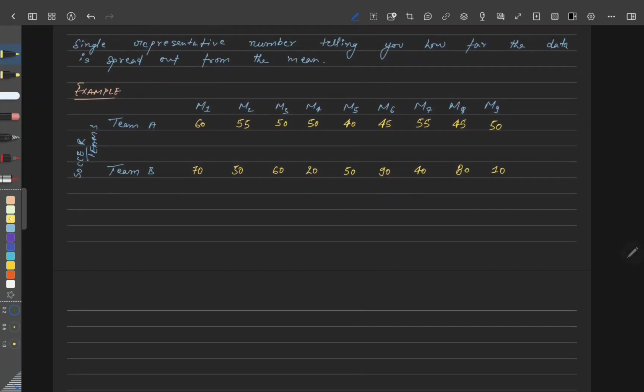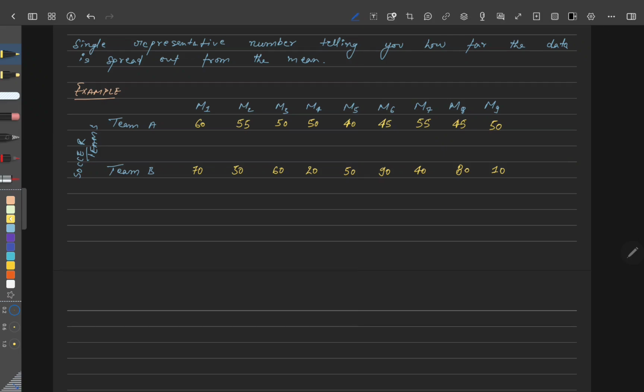Since we have studied mean, median, mode, right? So in this case, let's try and find out the mean and median of this data for both the teams, right? For example, on an average, at what time in a match team A would score their first goal, and similarly for B, right? And then we would calculate the median as well.